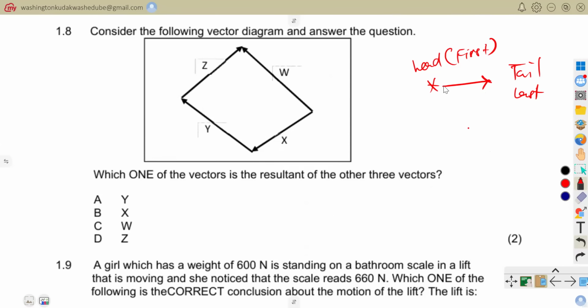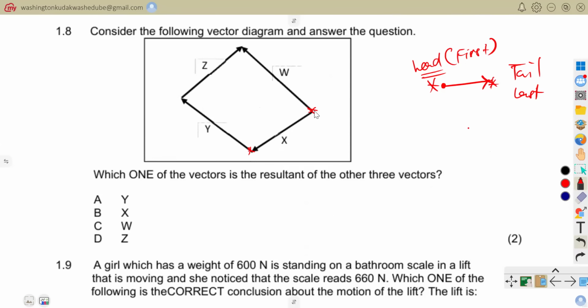So we are looking for a vector that is starting at the head of the first and ending at the tail of the last.